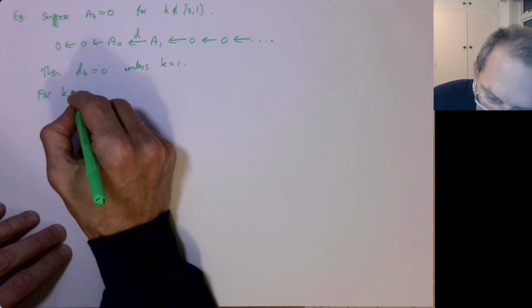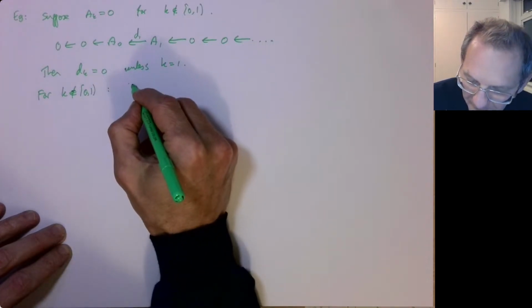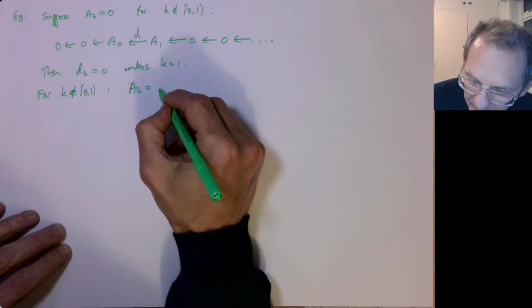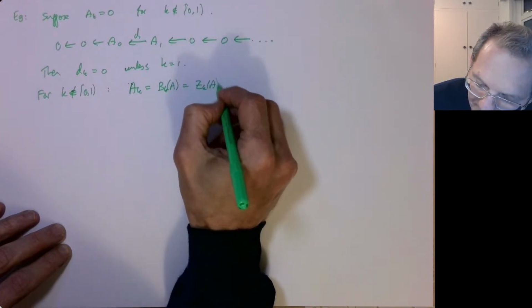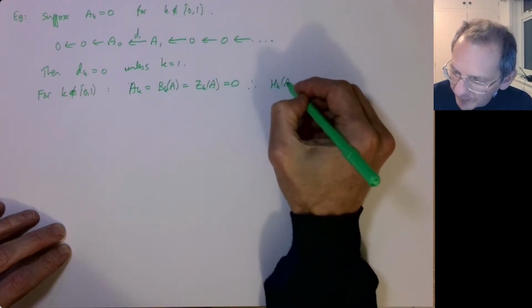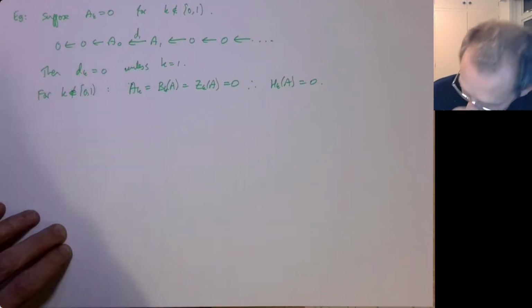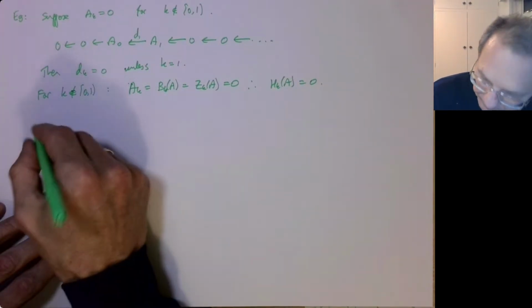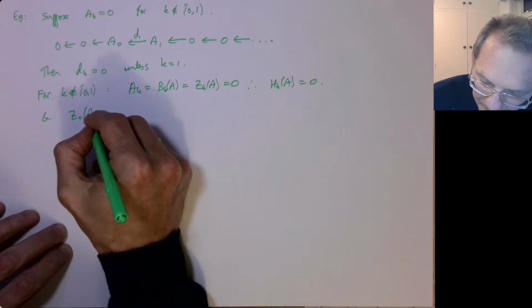And then for k, if k is not 0 or 1, then it's clear that your A_k, B_k A and Z_k A groups are all 0, and therefore H_k A is also 0. So nothing happens except in degree 0 or 1. Well, what's Z_0 A?